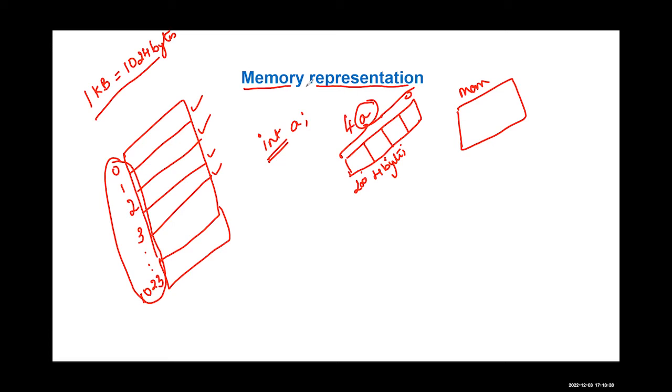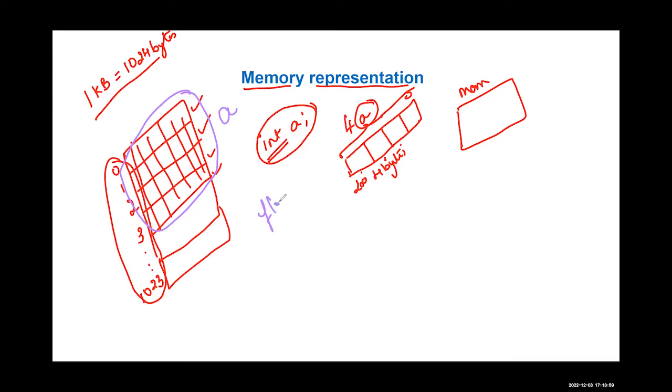Whenever I am declaring int a, how many bytes will it occupy? It is going to occupy 4 bytes, that is, these 4 bytes. So this becomes my int, and this entire thing is allocated to a particular integer variable. Similarly, for float it is 4 bytes, and for character it is 1 byte.